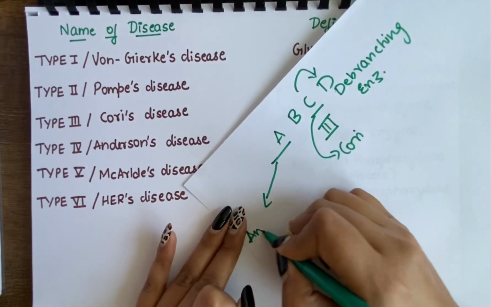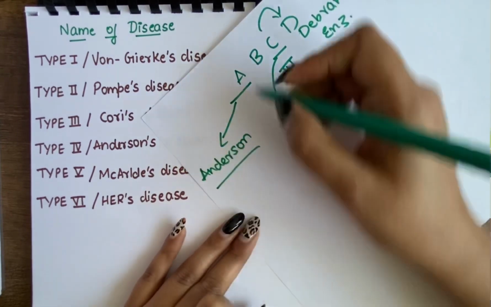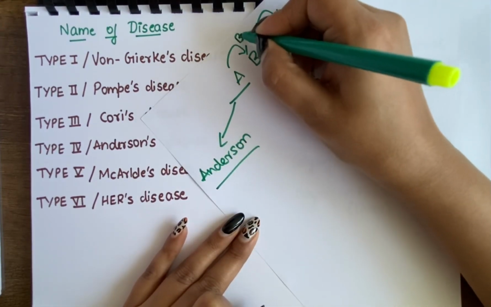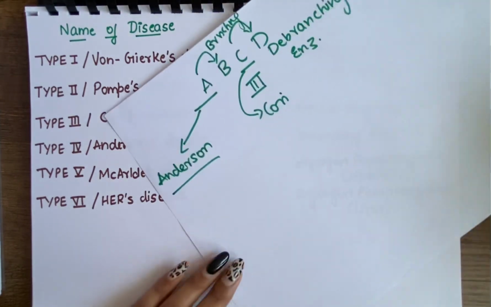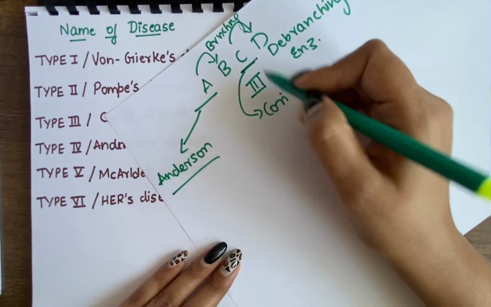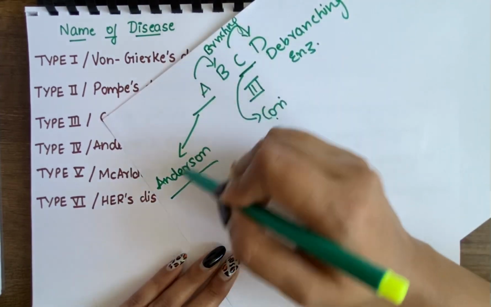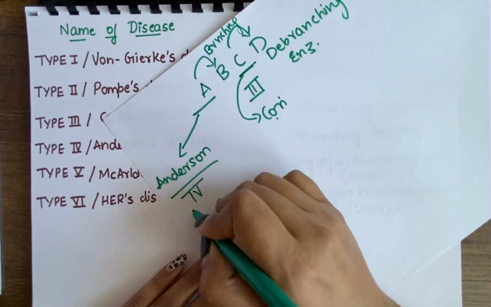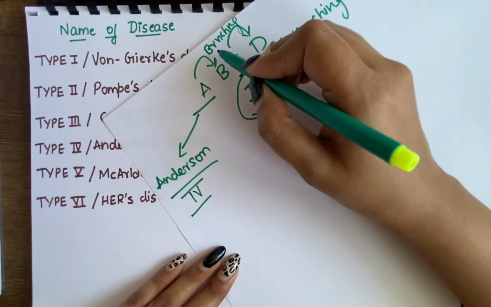A for Andersen, and it is caused due to deficiency of branching enzyme. I hope you'll remember it. So C is the third alphabet, and C for Cori, caused due to deficiency of debranching enzyme. A for Andersen, which is the fourth type glycogen storage disease, and it is caused due to deficiency of branching enzyme.